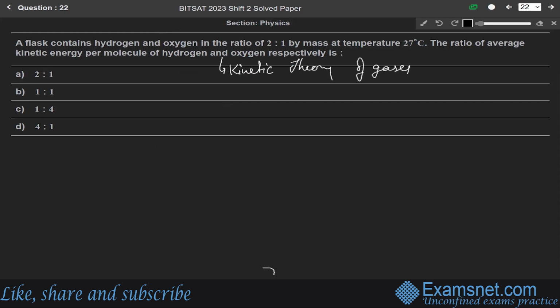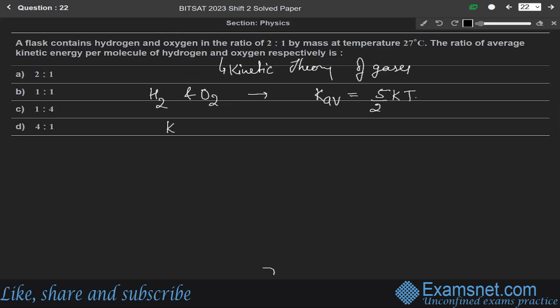Now in this question, we have to find the ratio of the average kinetic energy. So we know that hydrogen and oxygen are diatomic gases. And we know that for diatomic gases, the average kinetic energy is equal to 5 by 2 kBT, or we can write kT, where k is the Boltzmann constant.